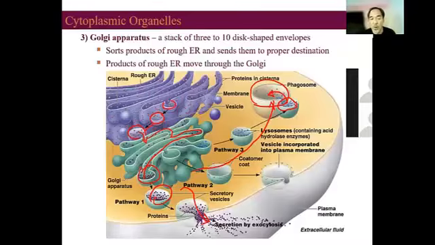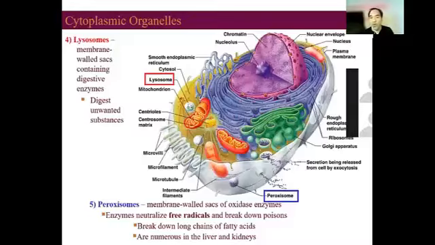Okay, so lysosomes are the one that will digest anything that enters in your cell. So that is what the Golgi apparatus is. They pack the product from the ER to move to the Golgi apparatus to be secreted outside your cell or to be utilized inside the cell. So that's your Golgi apparatus.